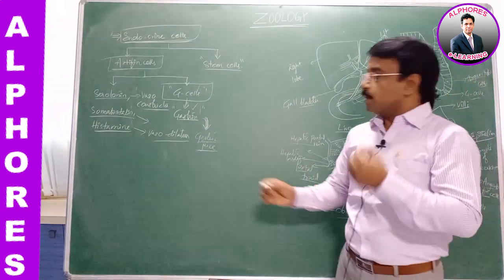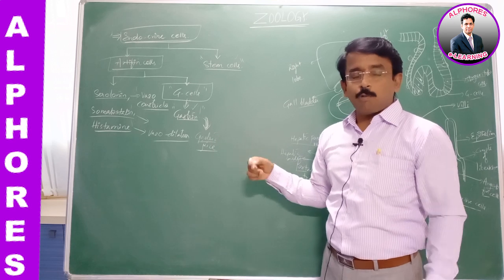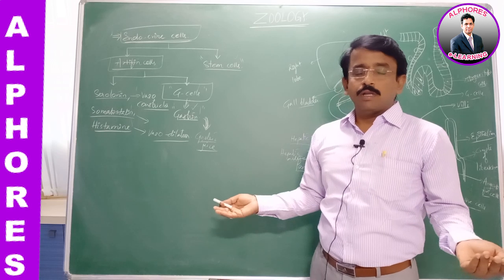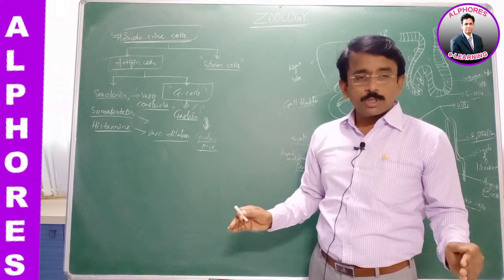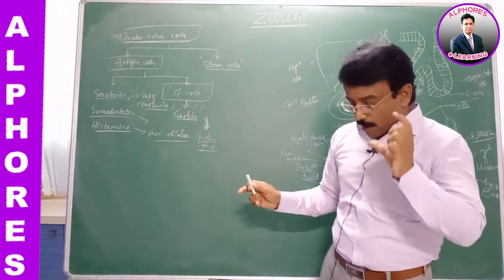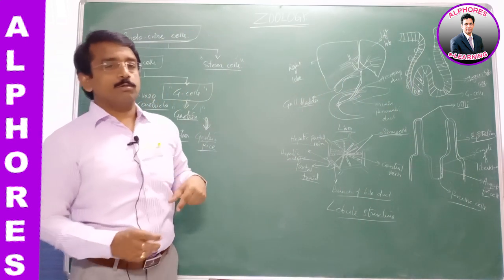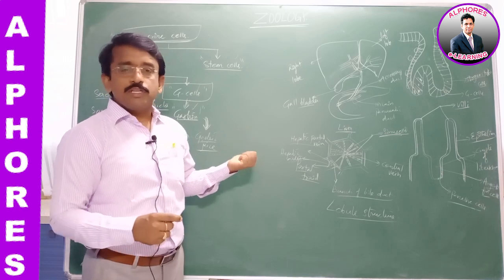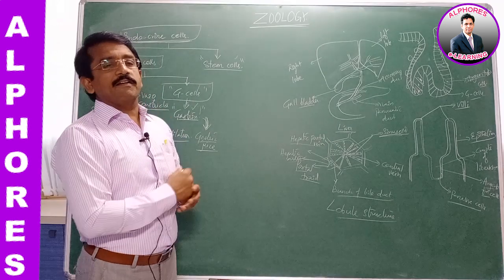This gastric juice is highly acidic and contains HCl, Castle's intrinsic factor, mucus, pepsinogen, prorenin, and some amount of gastric lipase is also seen, but its action is very little. The reason is the fat digesting enzyme requires alkaline condition.